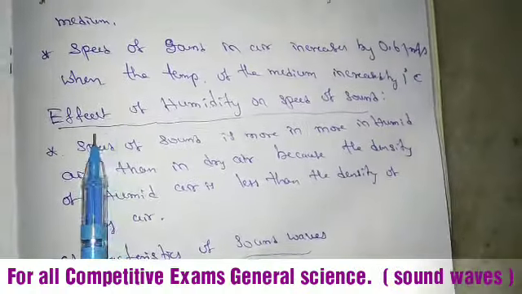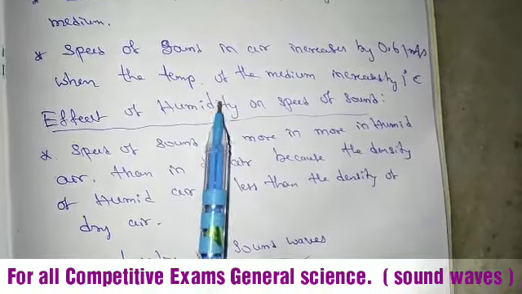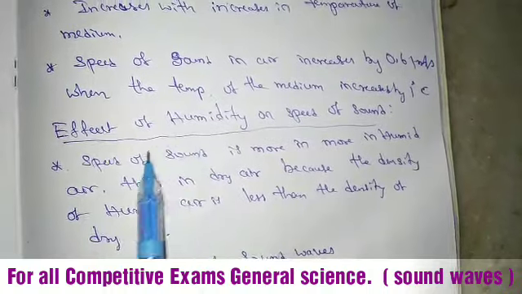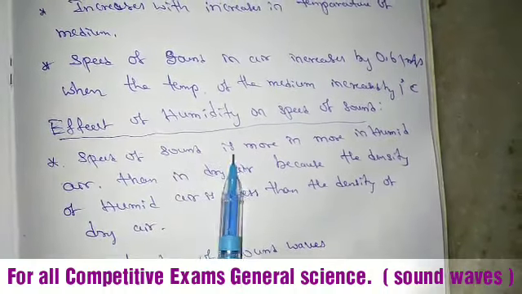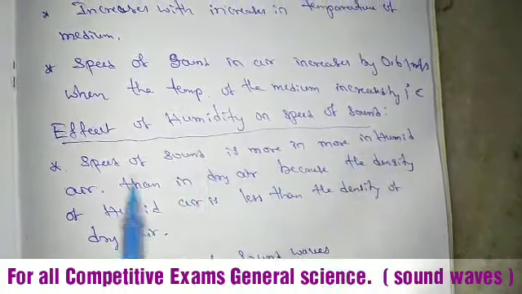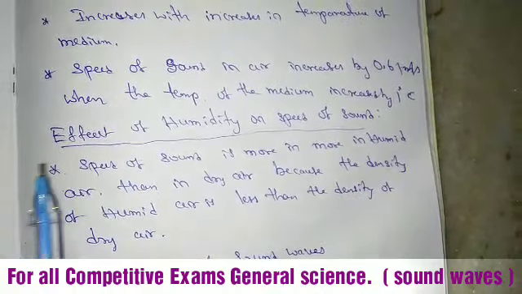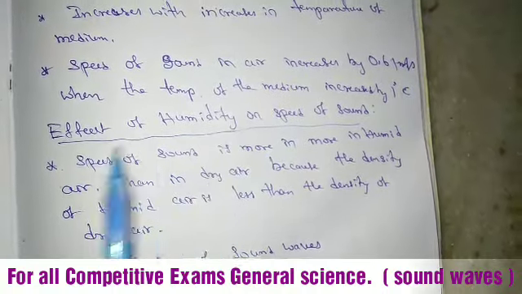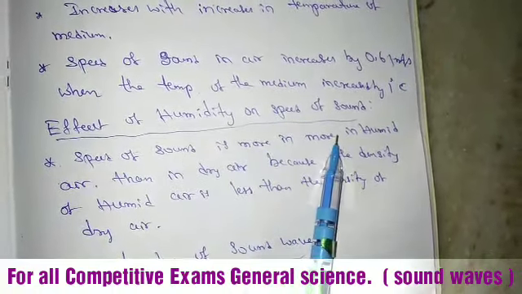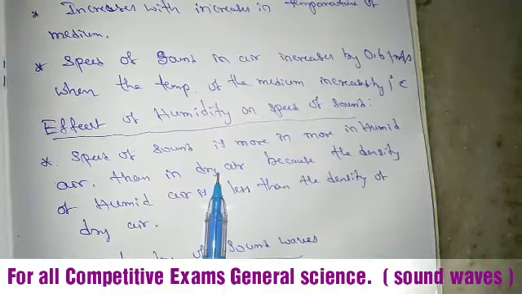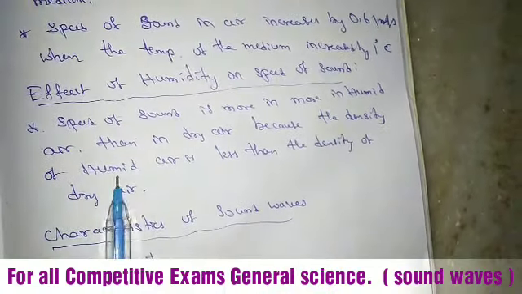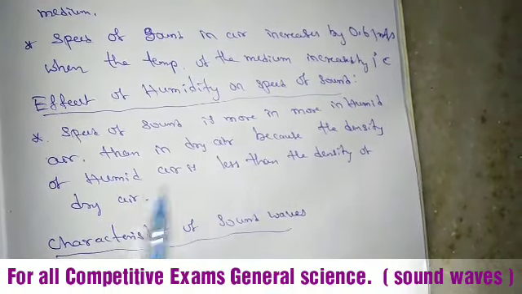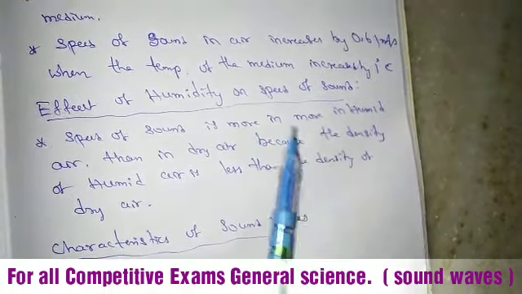And the next one is the effect of humidity on the speed of sound. I think you know about humidity. Speed of sound is more in more humid air. Consider two types of air, dry air and humid air. The speed of sound is more in humid air than in dry air, because the density of humid air is less than the density of dry air.